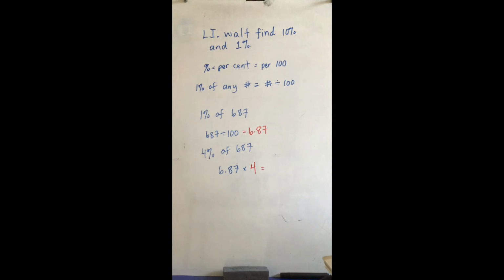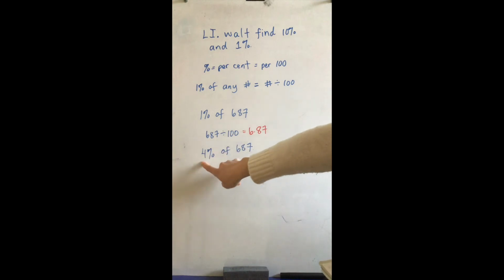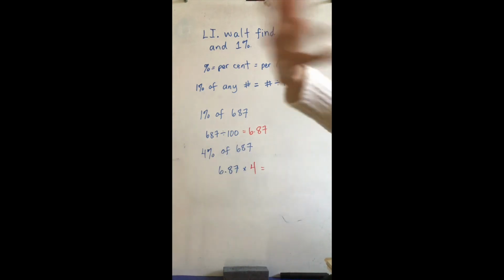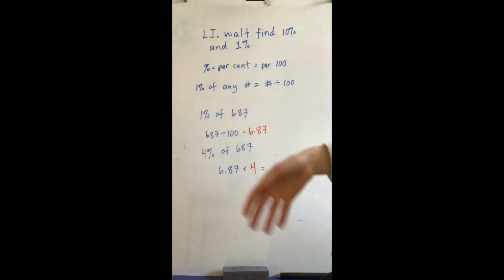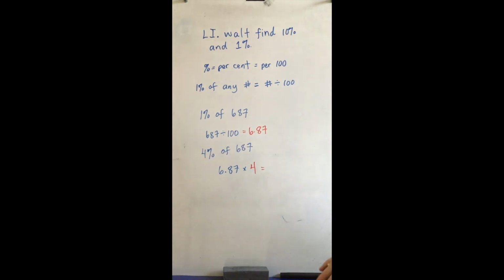I'm not going to pretend to be a human calculator, so I'm not going to do it right now, but that's in essence what we would do if we wanted to find 4% of something, or 5%, 6%, 7%, 8%, or 9%.